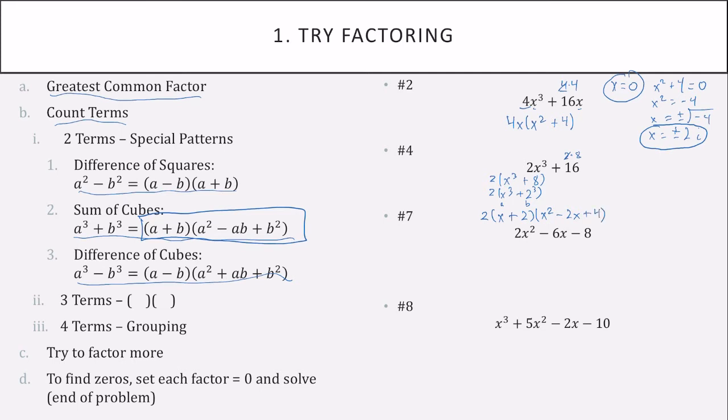And there we go, it's factored. Now, if we wanted to find the zeros, I'd take each of those equal to 0. So I'd go x plus 2 equals 0, and x squared minus 2x plus 4 equals 0. Well, from the first one, x equals minus 2.